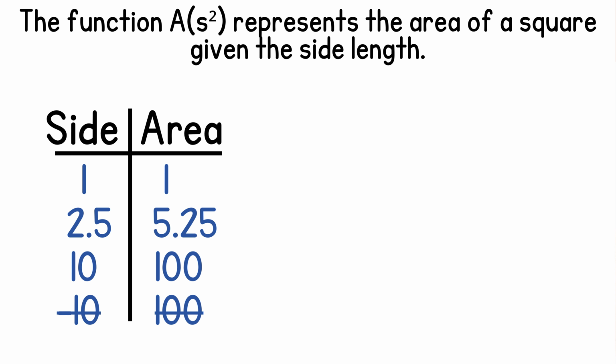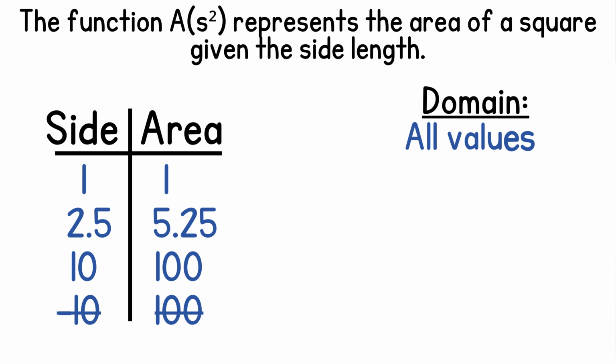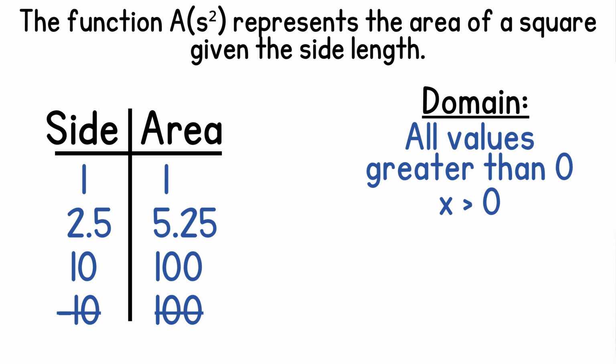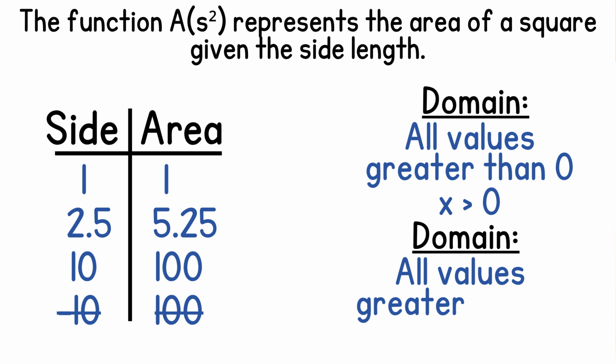But negative 10 doesn't make sense in this situation because we can't have a length that is negative or 0. So this tells us that the domain will be all values greater than 0. We can also write this as x is greater than 0. Our range for the function is also all values greater than 0, since any number in our domain squared will also produce numbers greater than 0. And we can also write this as y is greater than 0.